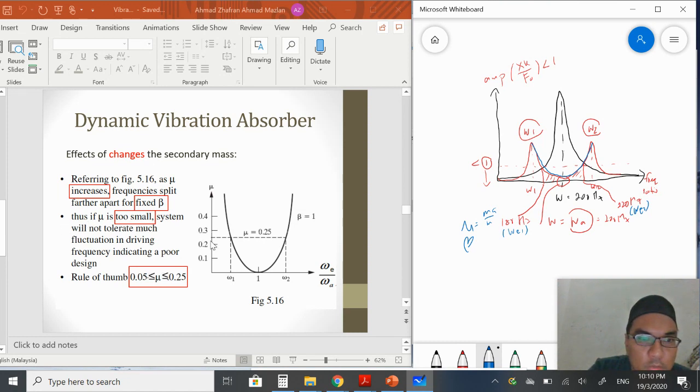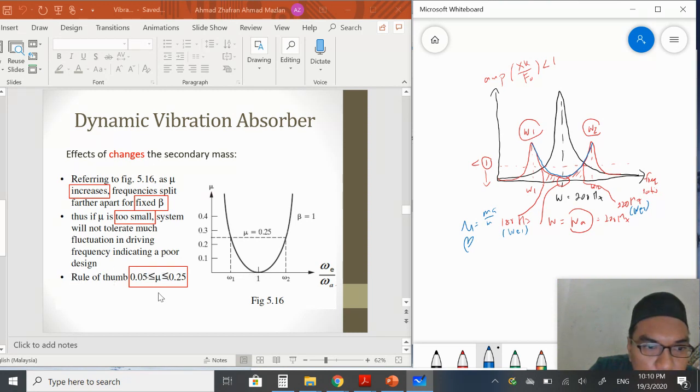If mu is too small, the system will not tolerate much variation in driving frequency, which indicates a poor design. If your mass ratio is too small, it will be in this area, so it will not be effective.